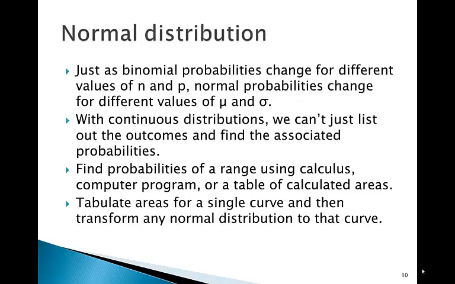With a continuous distribution, we can't just list out all the outcomes and then find the associated probabilities as we can with discrete distributions. Again, because we have infinitely many possible outcomes. So what we do is find the probabilities of a range. To do this, we would have to know how to do calculus. What we've done instead is someone has tabulated all of these probabilities from a single normal distribution, and then we transform our data into that normal distribution so we can look up probabilities on a table.